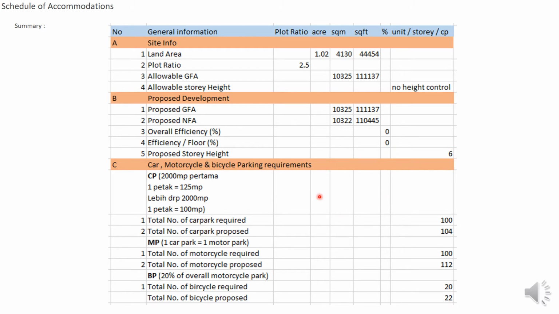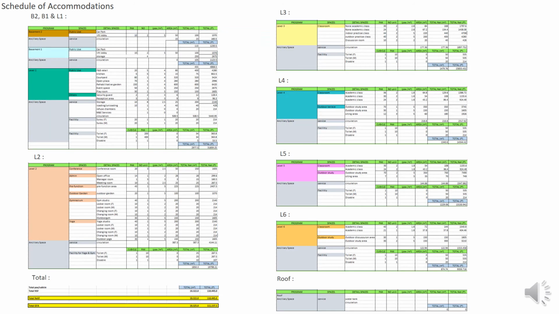For the car park calculation, the first 2,000 square meters is 125 square meters per bay, then after 2,000 square meters it is 100 square meters per bay. The motorcycle park is the same as the car park. For the bicycle park, we take the overall car and motorcycle parking, then 20%. This is my detailed schedule of accommodation from basement 2 until the roof.